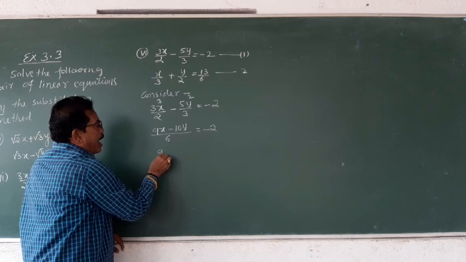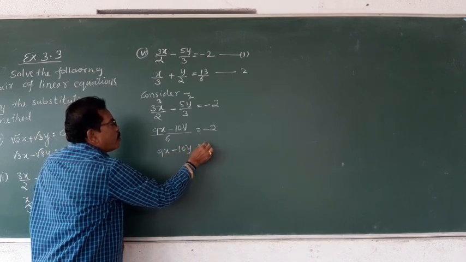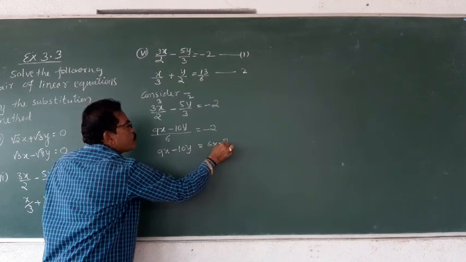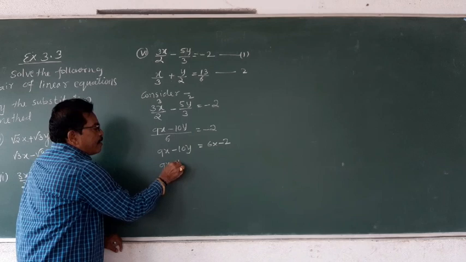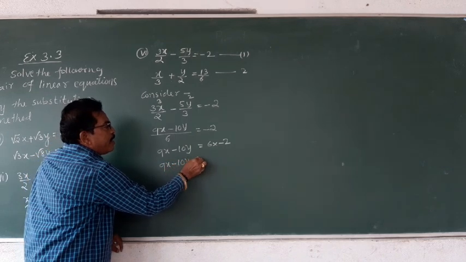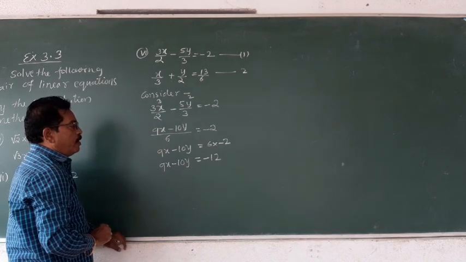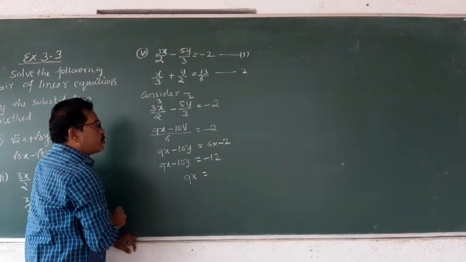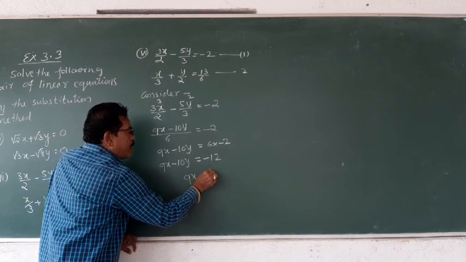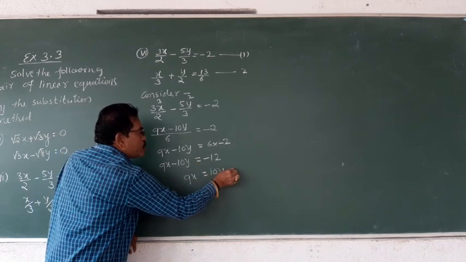Okay, 9x minus 10y equals to 6 into minus 2, cross multiplication. 9x minus 10y equals to minus 12, 6 2s are 12. Okay, 9x equals to 10y minus 12.